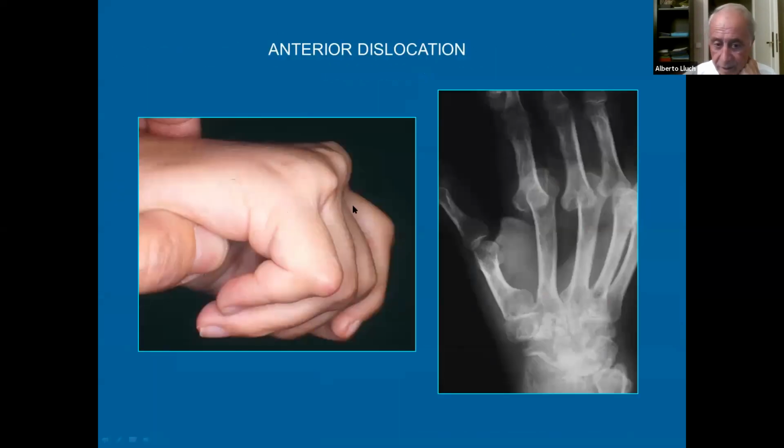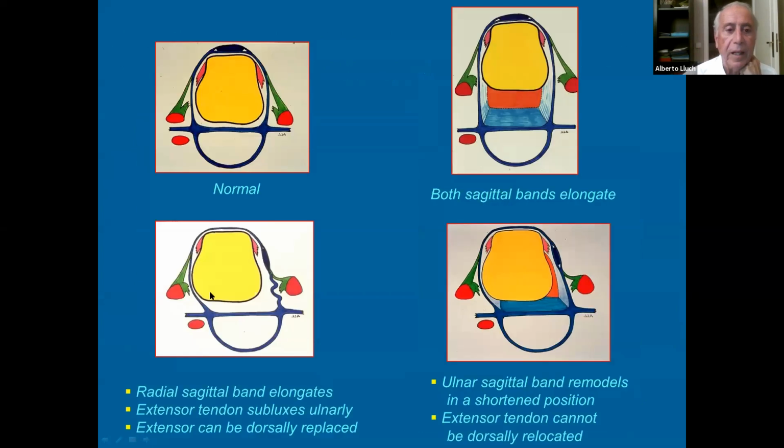Here we can see the anterior dislocation quite clearly. What happens, this is normal, at the early stages of the synovitis, both sagittal bands and collateral ligaments elongate, and the patient has an instability of the MP joints.